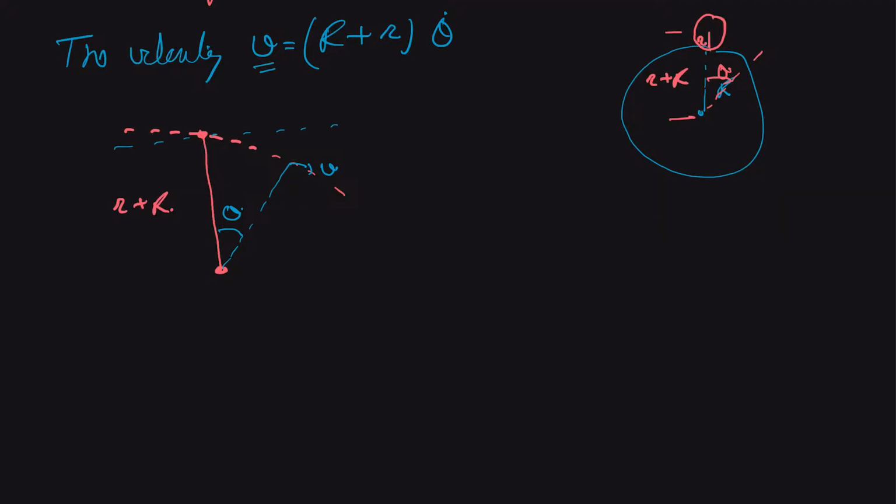And therefore we can say that this total distance is our r plus capital R, and this is a radius r, so this will be our r cos of theta.